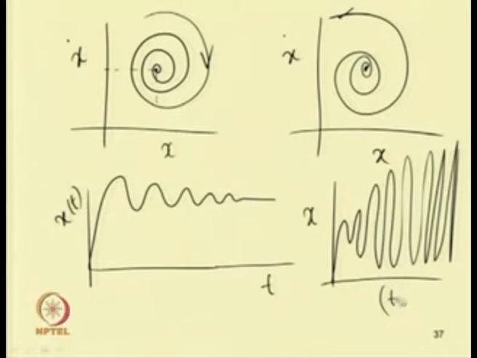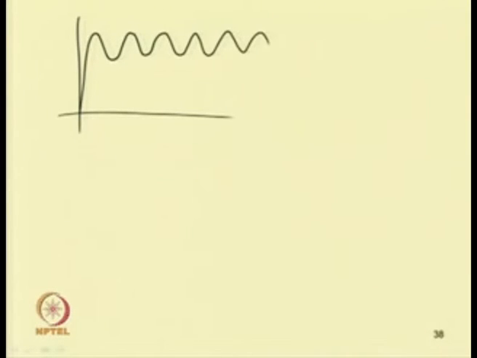But in case of the periodic response, one can observe that the response will be periodic. The resulting response is periodic, and if one plots the phase portrait, so this is x versus t.